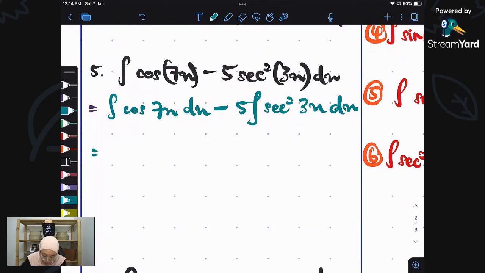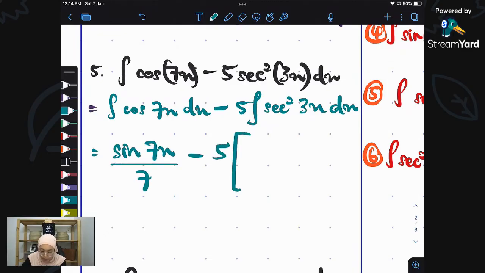And so, my answer here is sine 7x over 7 minus 5 in bracket. I love to put big bracket like this kind. And then I integrate secant squared. Secant squared jawapannya adalah tangent 3x over 3.